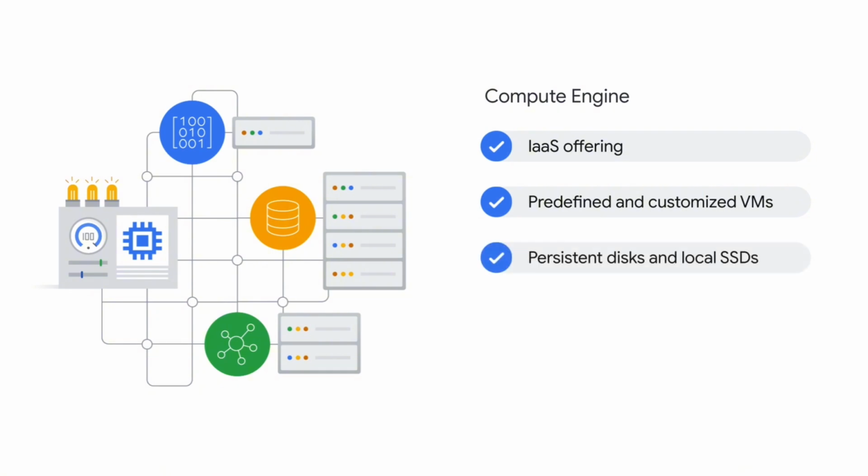Virtual machines require block storage, and Compute Engine offers two main choices: persistent disks and local SSDs. Persistent disks offer network storage that can scale up to 257 terabytes and can do disk snapshots for backup and mobility. Alternatively, local SSDs enable high input-output operations per second.